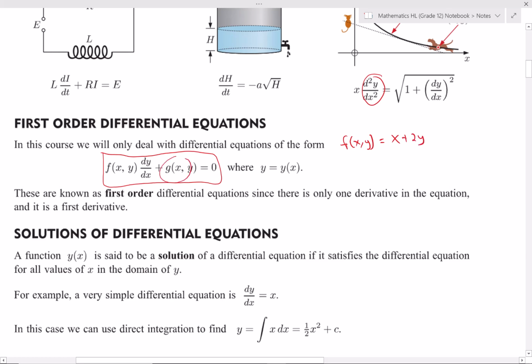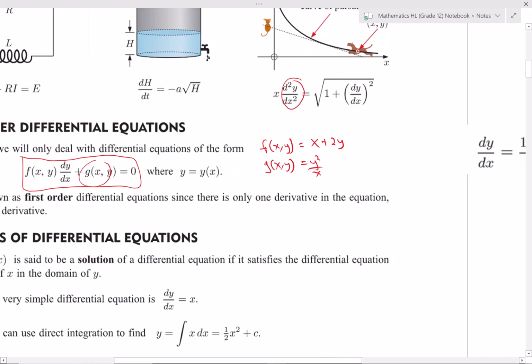When you see g of x,y, that just means the function g has x's and y's in it. It might be y squared over x, maybe. So what this is saying is we have something like x plus 2y times dy/dx plus x squared over y equals 0.